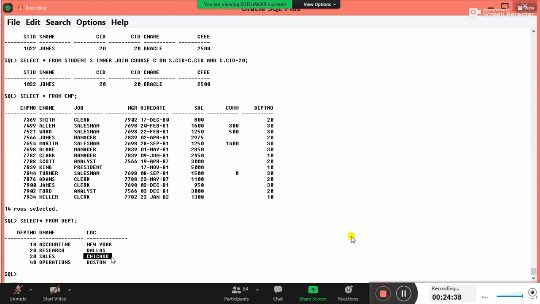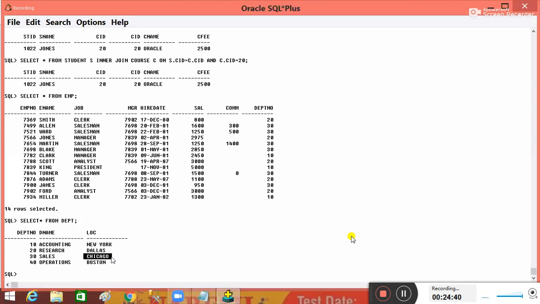That means our necessary information is in two different tables, the EMP table and the DEPT table. So to get our necessary information for retrieval, I need to join these two tables together.